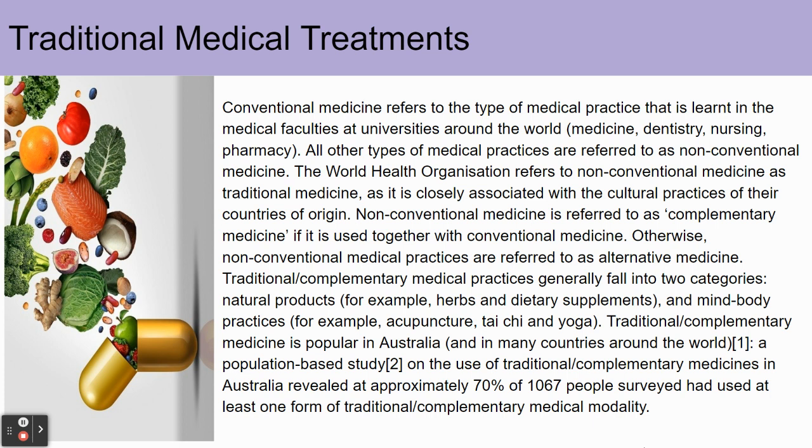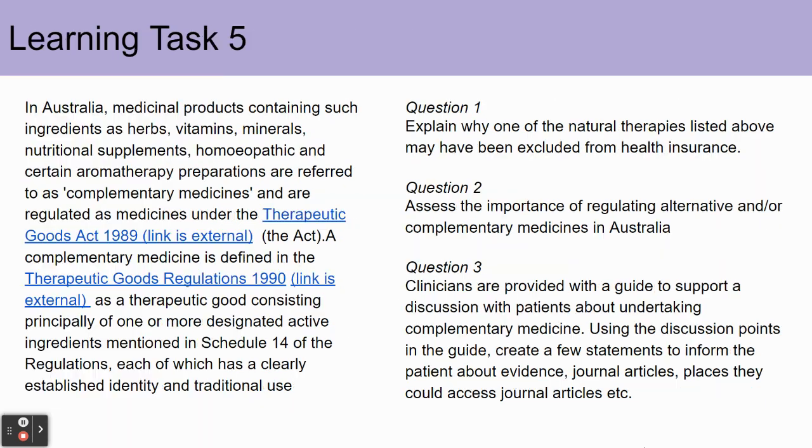They may also be called complementary medicine. They usually fall into two categories: natural products or mind-body practices. They're quite popular in Australia, and in a survey, approximately 70% of people had used at least one form of traditional and complementary medicine.